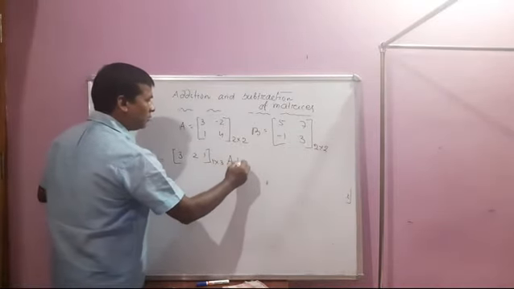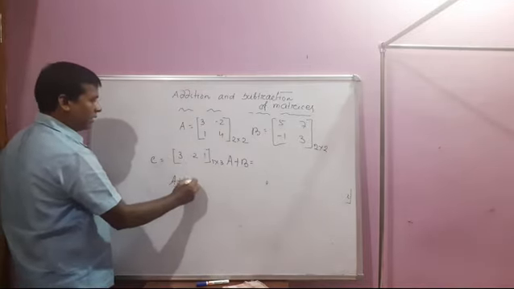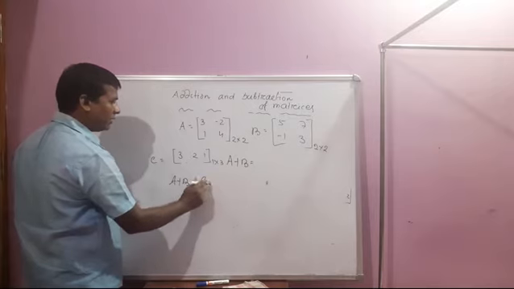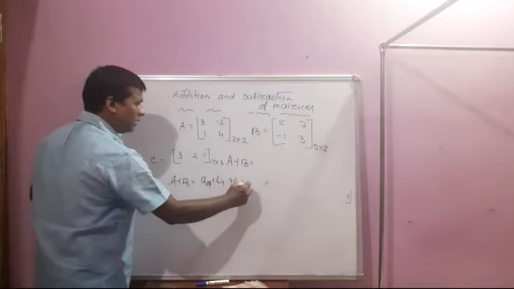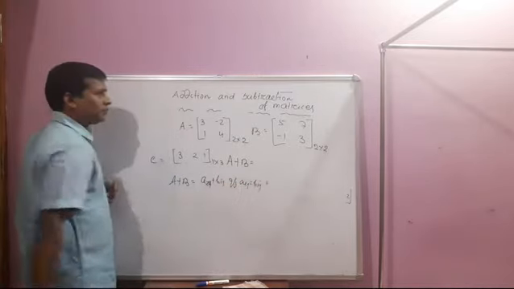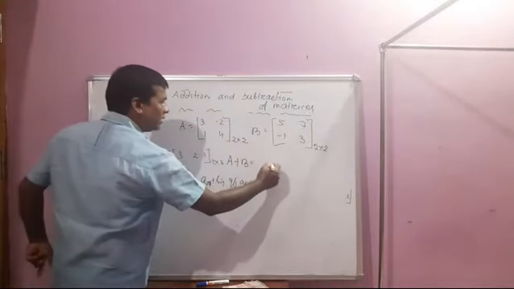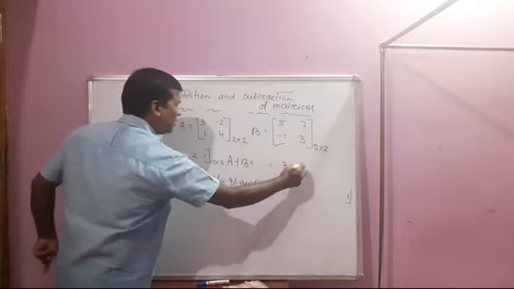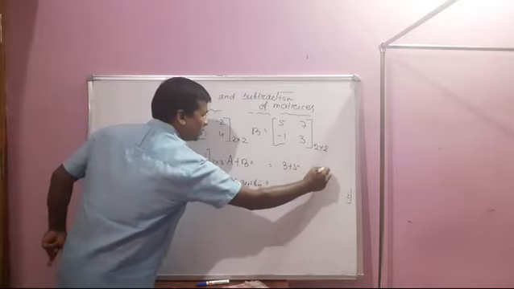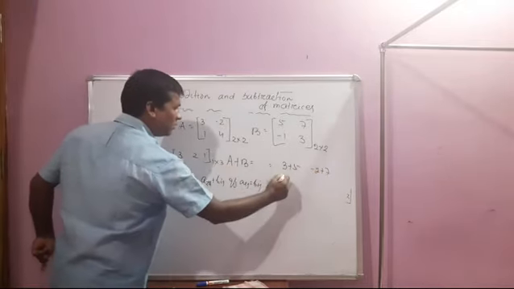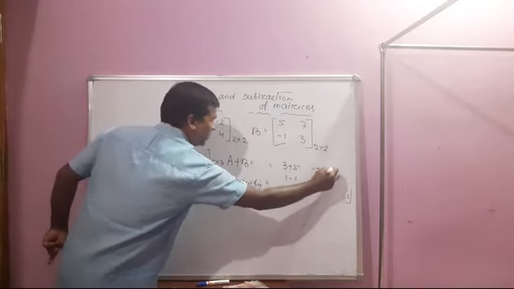So when A plus B are added to each other, that is equal to Aij plus Bij. A11 plus B11 is 3 plus 5, then A12 plus B12 is minus 2 plus 7, then 1 minus 1, then 4 plus 3.